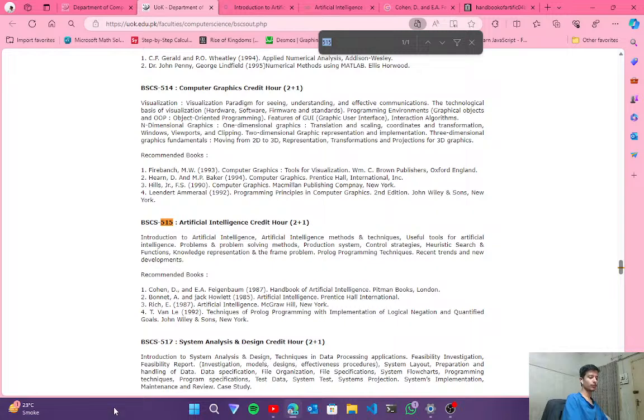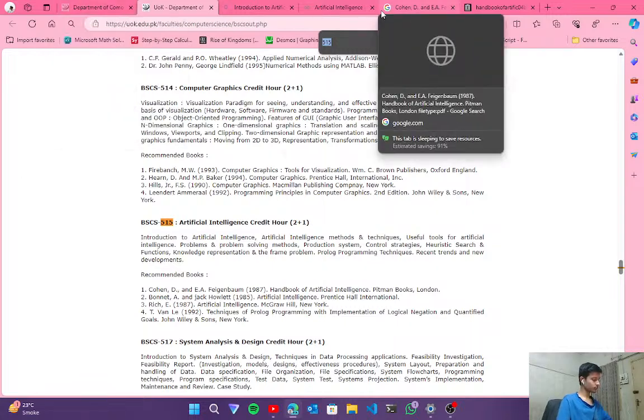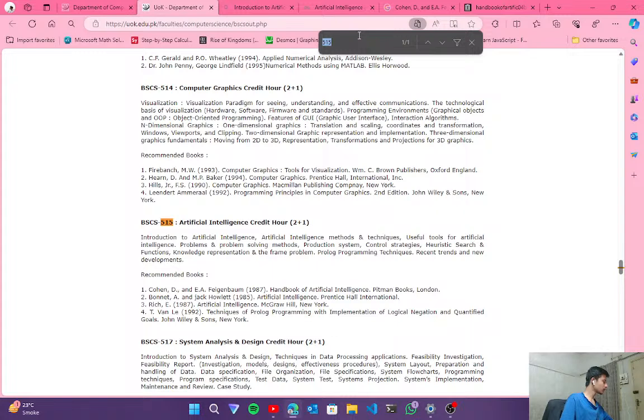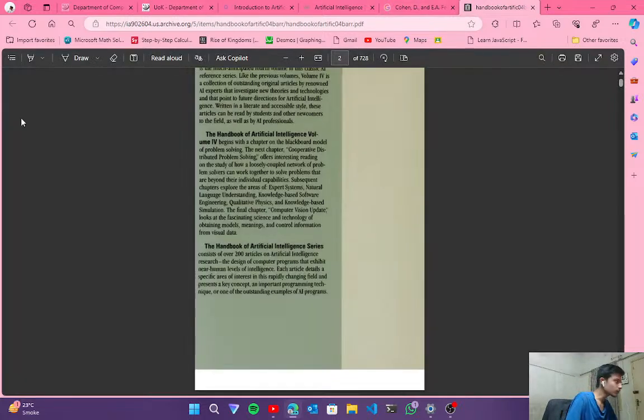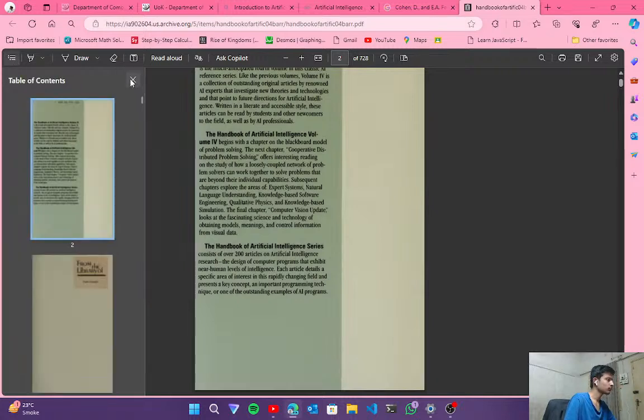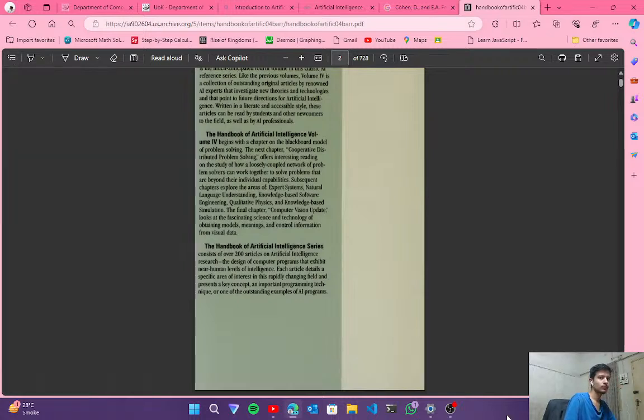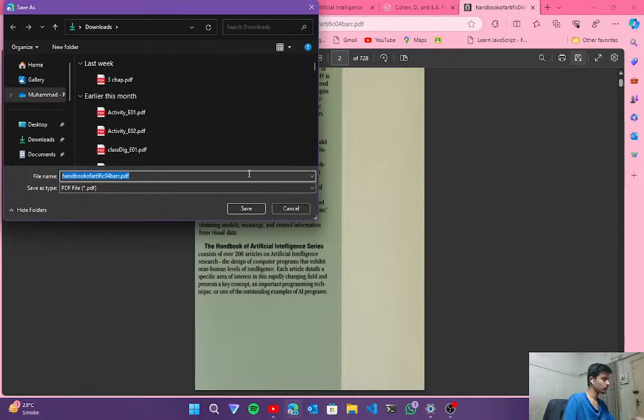The book I think should have been loaded by now. Let's have a look at the book that we'll be following. Let's go to the index and see what this actually is offering.